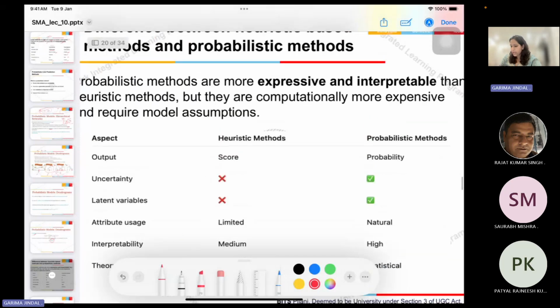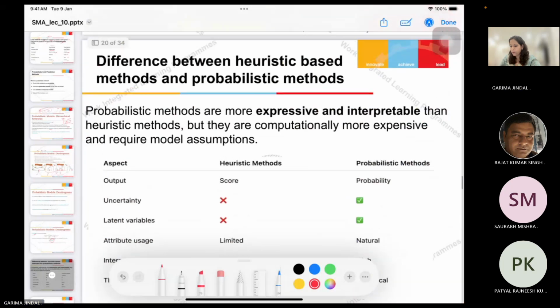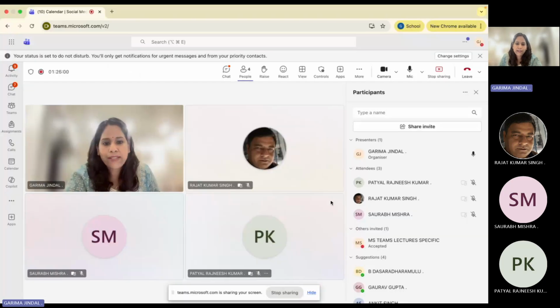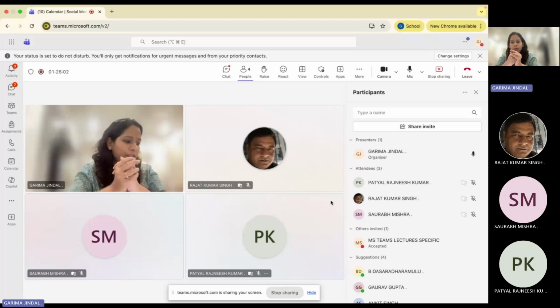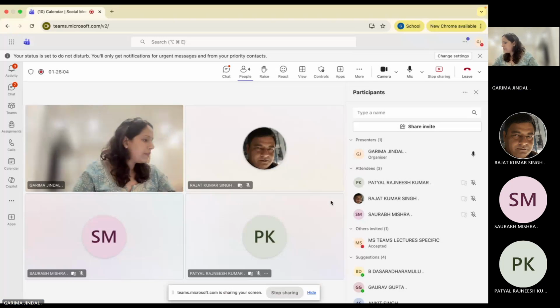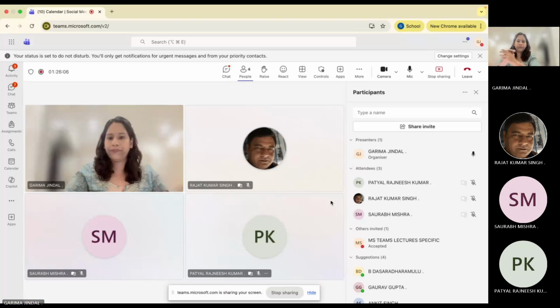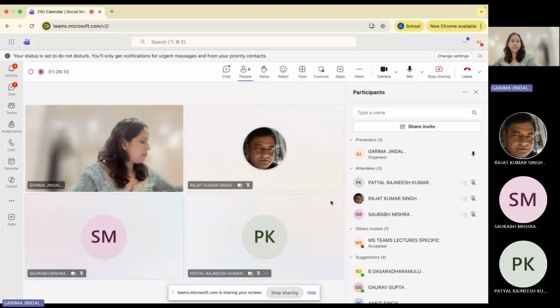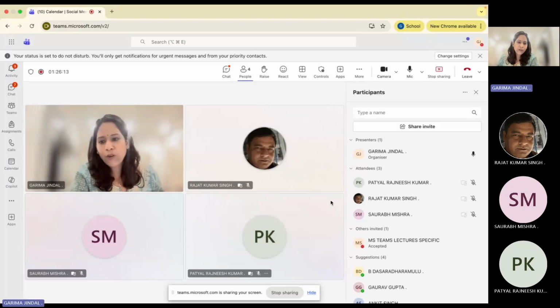So now, what is the advantage or disadvantage of this probabilistic method? Can anyone think of the advantage or disadvantage as compared to the local method or the global heuristic method that we have studied before?